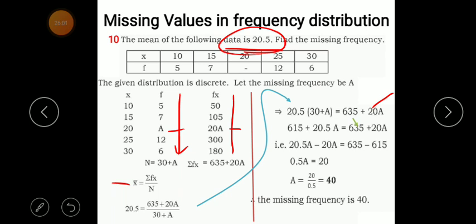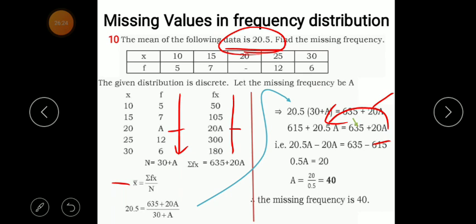All the variables, all the unknowns, you have to take to one side, and known values to the other side. Unknown is whatever is attached to a. So I'm sending 20a this side. Because this is plus 20a, and it crosses the equal to sign, it becomes minus 20a.